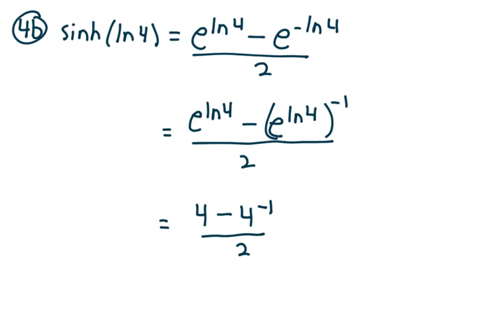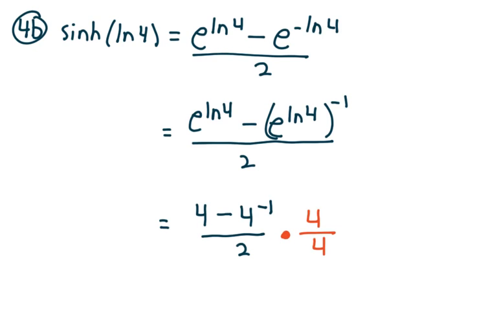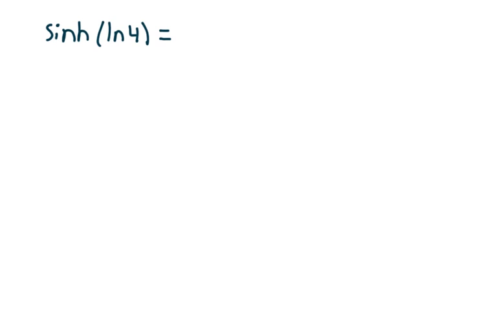And what I'm going to do is multiply the numerator and denominator by 4, and that's going to clear out that negative exponent. And so what we end up getting is sinh of natural log of 4 is 16 minus 1 divided by 8, which is 15 over 8.